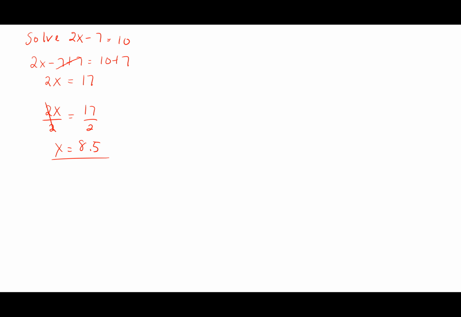Let's do one more with the division and subtraction. Solve x divided by 5 minus 10 equals 22. Alright, so this one we have this negative 10, so we've got to do the addition for that first. So it's going to be x divided by 5 minus 10 plus 10 equals 22 plus 10.